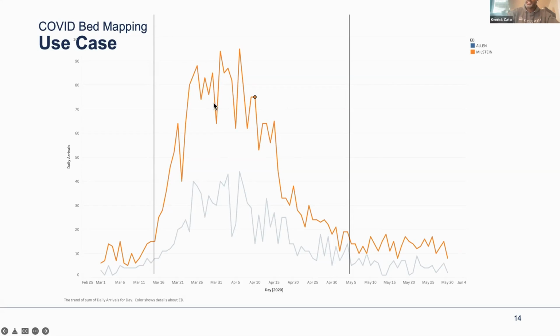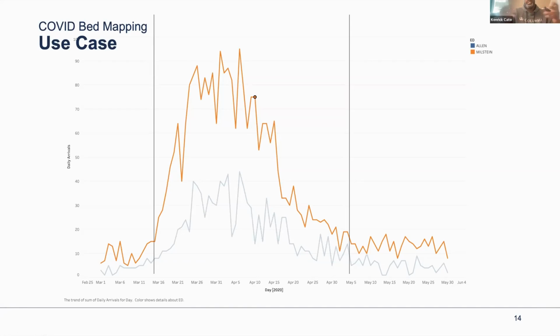The different lines are the two different adult emergency departments at New York Presbyterian at Columbia University, and on the x-axis you have time. This is March 16th of 2020. You can see that the suspected COVID numbers went on a daily basis very quickly from about 12 all the way up to 90 admissions every day.